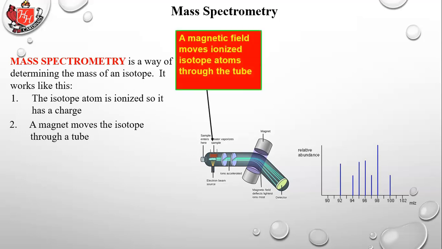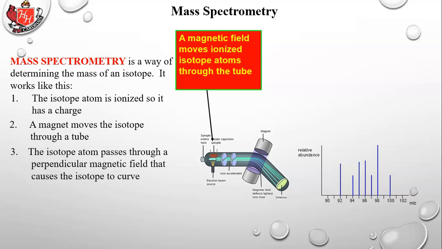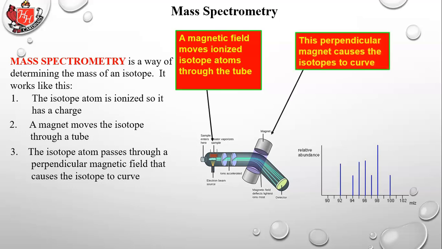So a magnetic field moves ionized isotope atoms through the tube, moving from left to right as you're looking at this. And then three, the isotope atom passes through a perpendicular magnetic field that causes the isotope to curve. So this perpendicular magnet is either pushing them or pulling them, and it's causing them to curve downward down that tube.